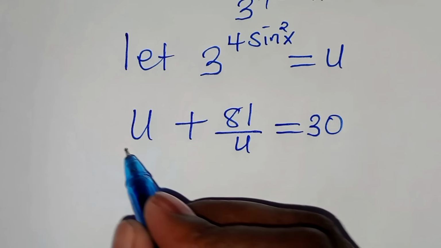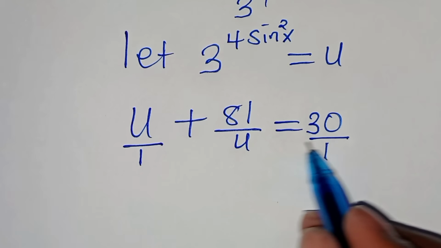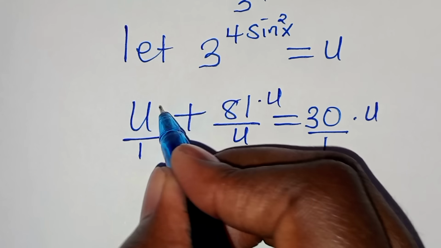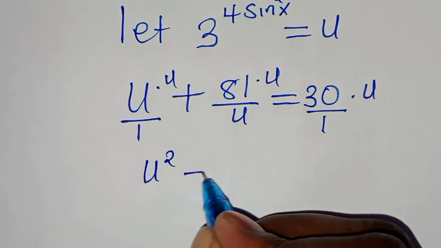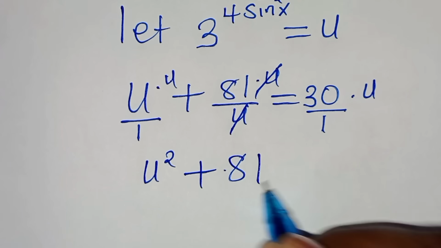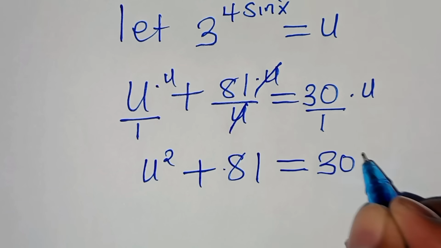Now, u is our number, so this is over 1. So the next step is to multiply by the LCM, which is u. Let's multiply everything by u, so that u times u is u to the power of 2, then plus 81, as u and u simplify, equal to 30 times u, which is 30u.